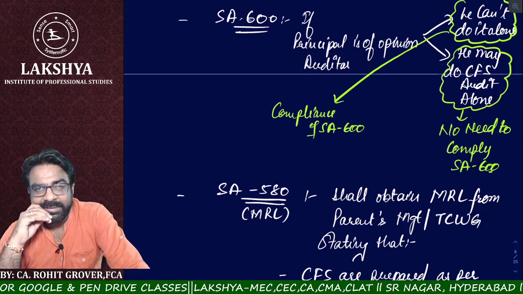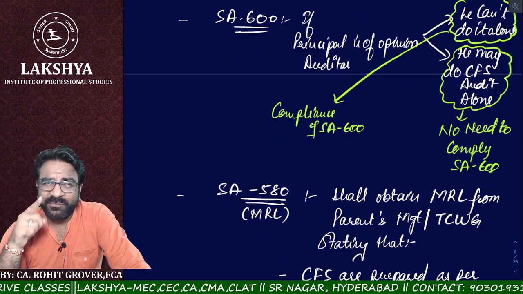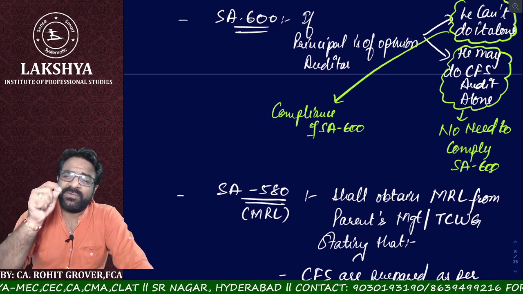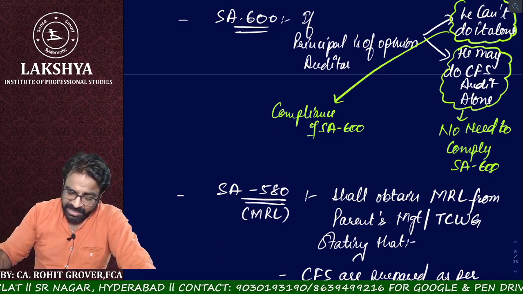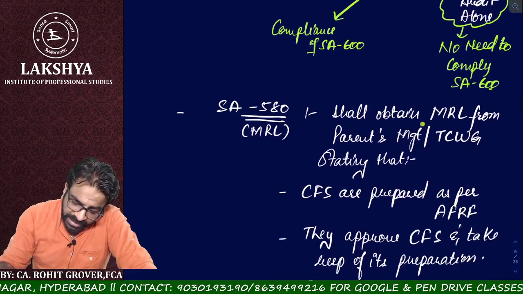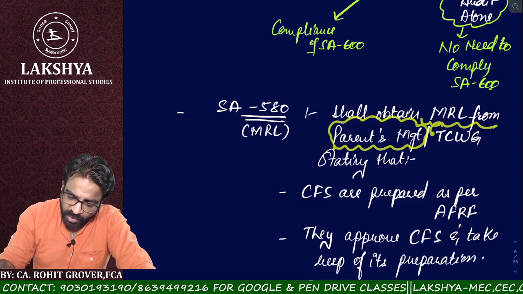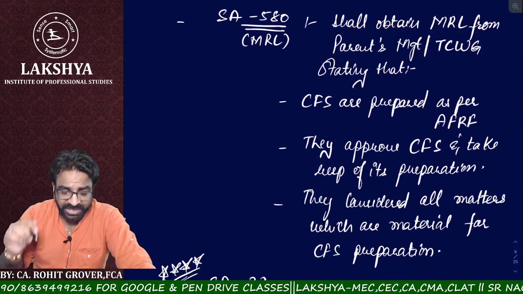Yes, sir. Now, don't you think that the auditor needs evidence in relation to the fact that the parent has prepared the consolidated financial statements as per the applicable FRF? Yes, for that, the auditor needs to obtain a WRL or MRL from the parent's management or those charged with governance, stating what are the three declarations he wants?